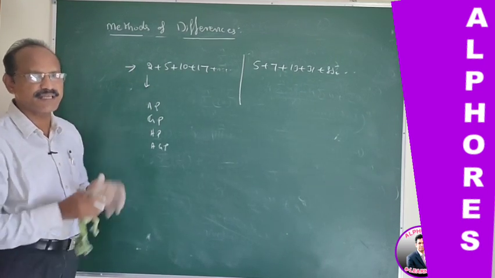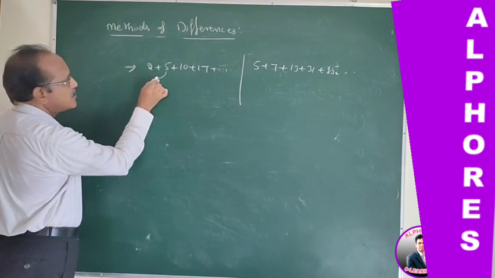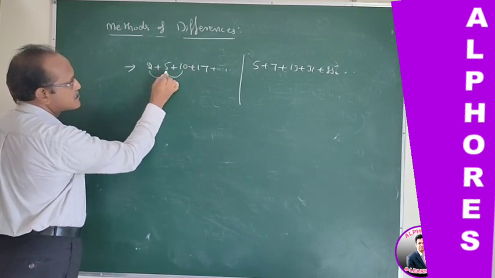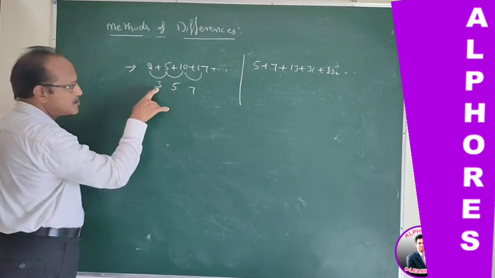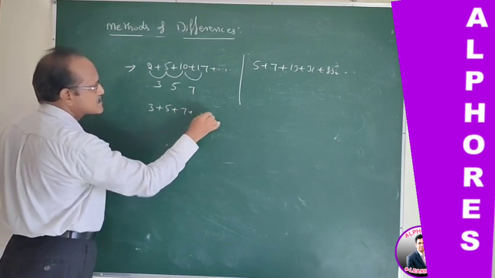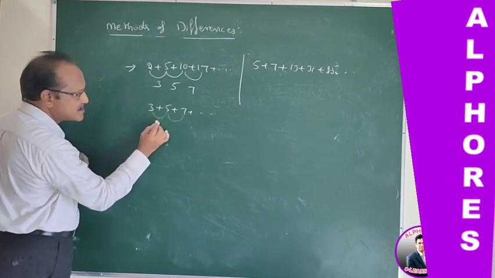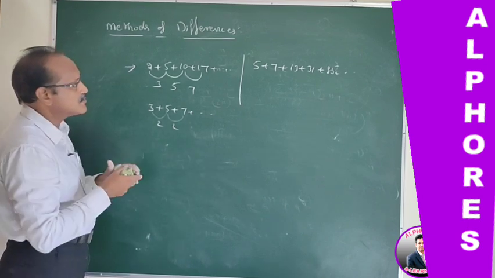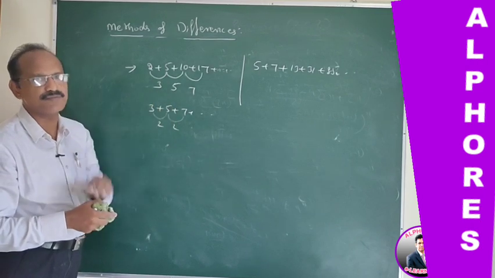Now the procedure is: difference of 5 and 2, successive terms difference is 3. Difference is 5. Difference is 7. Now, the difference of these successive terms gives 3 plus 5 plus 7 plus etc. These terms are in AP because the difference is 2. So we can apply the methods of differences for this sequence to find the sum to n terms.